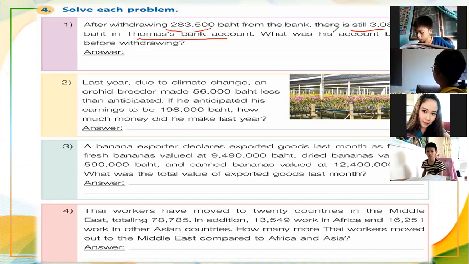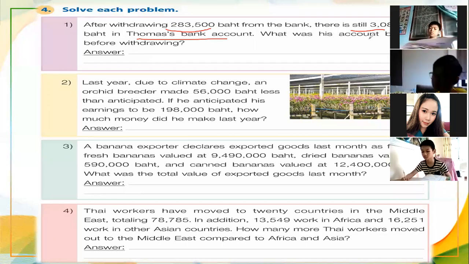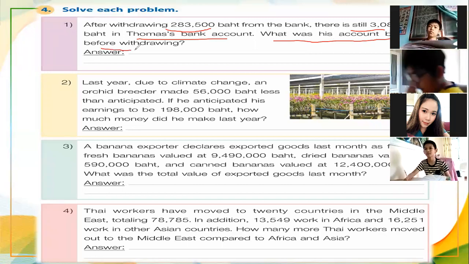One figure is the amount withdrawn from the bank, 283,500. After withdrawing, he still has 3,087,600. What is the problem asking? They are asking what his account balance was before withdrawing. So before withdrawing this amount, how much was the total amount?